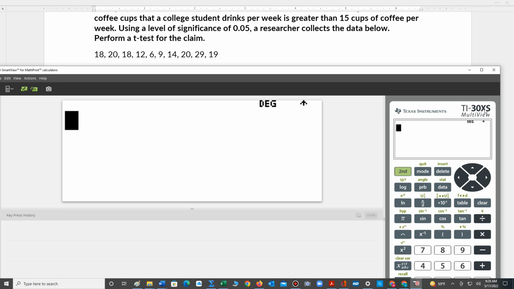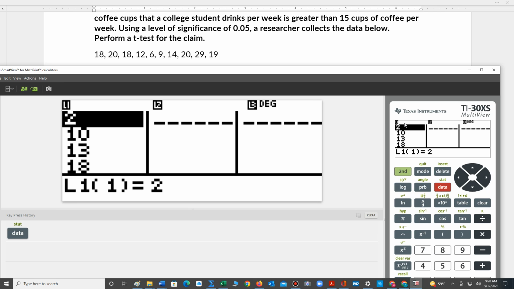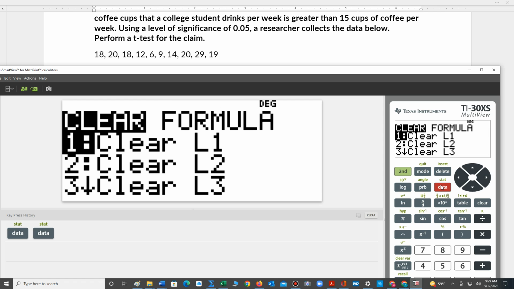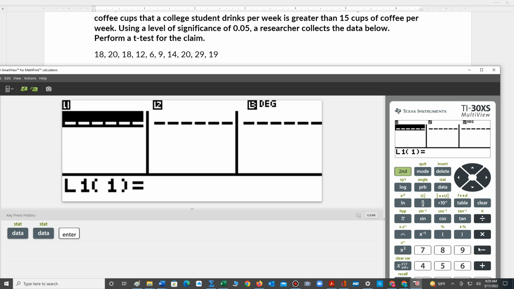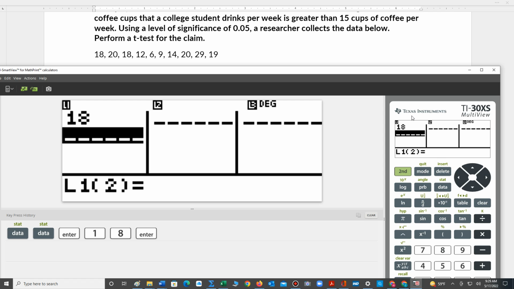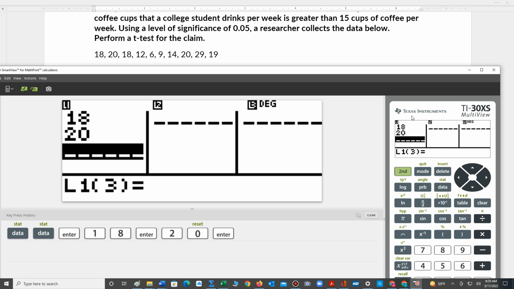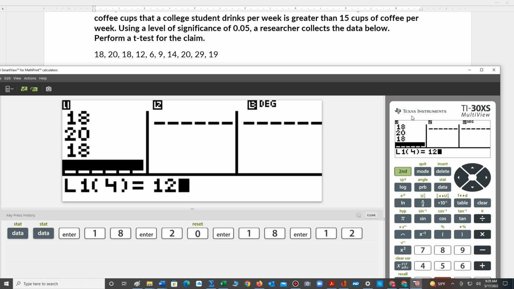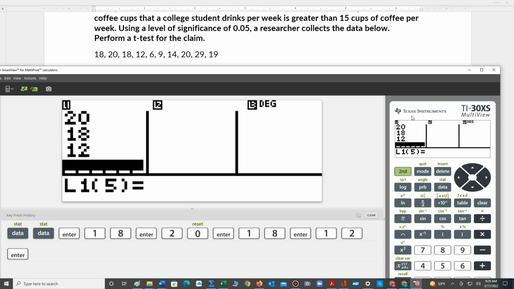For the TI-30XS, we click on data, and I notice there's old data, so I click on data one more time, and then I clear it. So now we enter the data into the first column. I'm just typing in each data value, hitting enter.